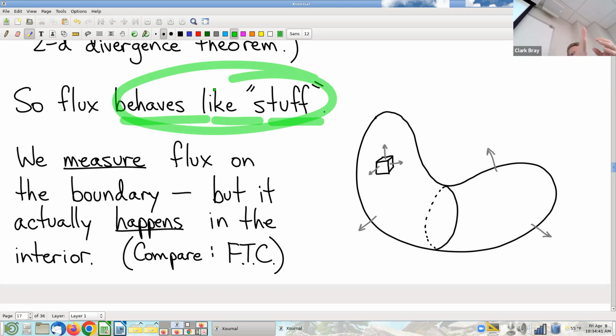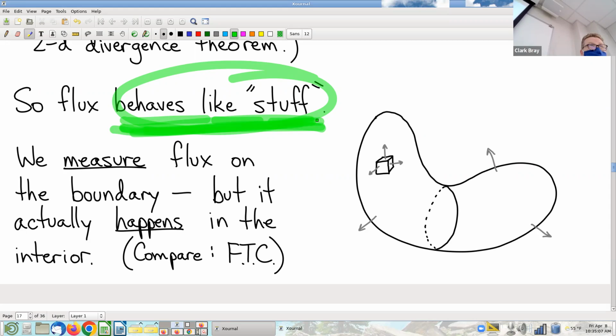And because me drawing lines on a piece of paper does not make mass spontaneously disappear or spontaneously be created, right? Physical stuff just doesn't care about lines I draw on a page, right? So this boundary flux stuff is kind of behaving in the same way, like a stuff. And I encourage thinking of it that way.